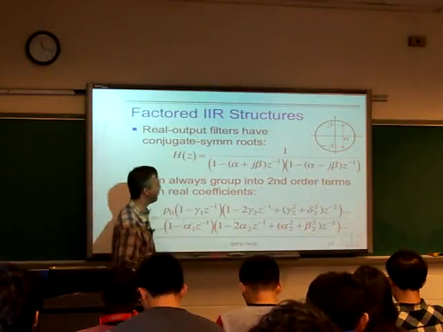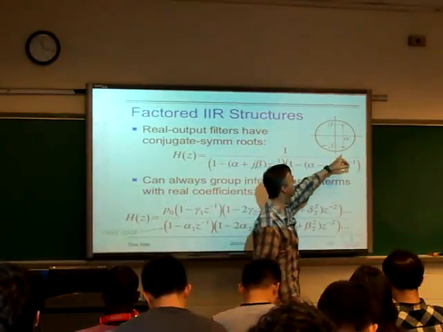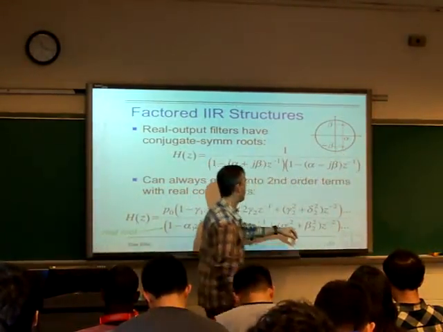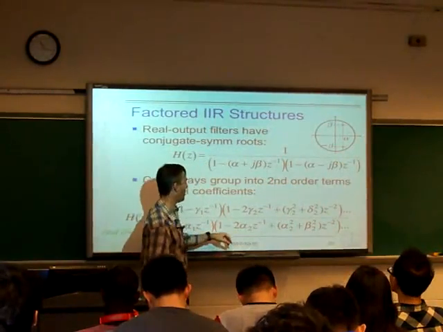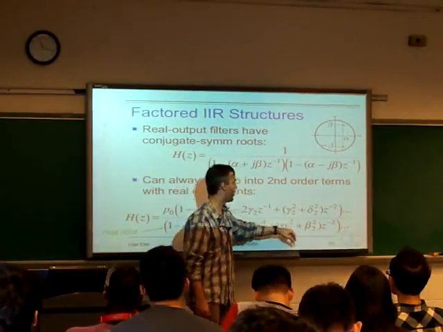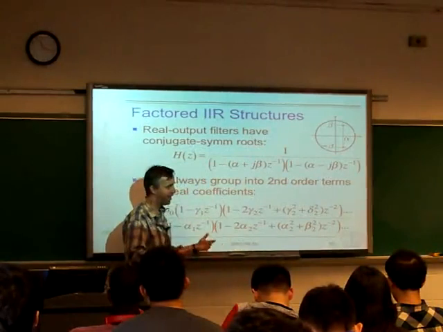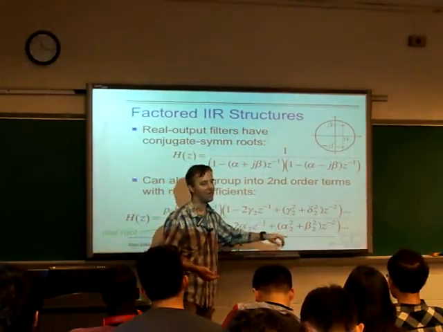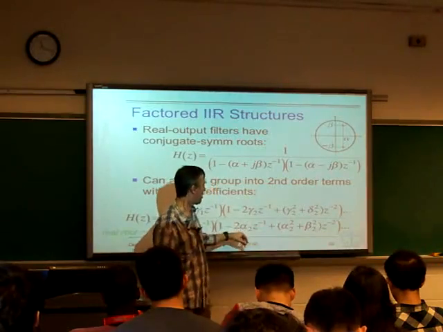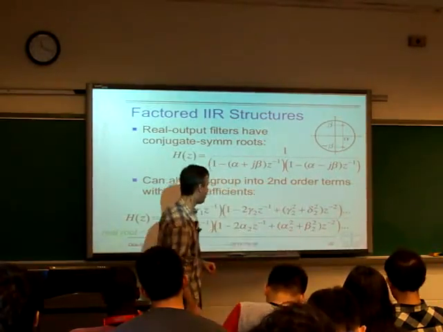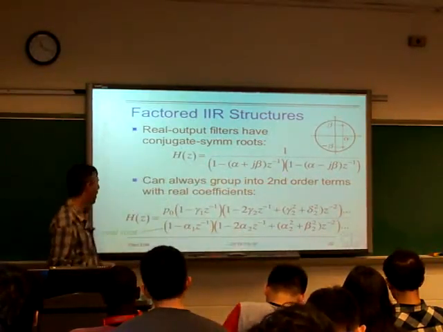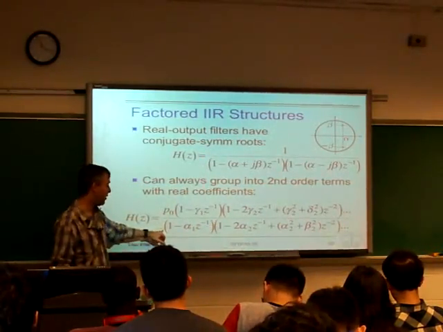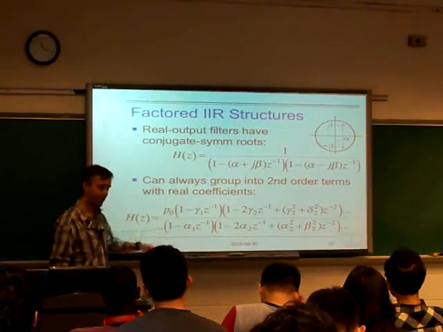So in this case, I've characterized the poles in terms of their real and imaginary parts, which gives us the actual coefficients here. If I had parameterized them in terms of r and theta, this would have been 2r cos theta, and this would have been r squared.